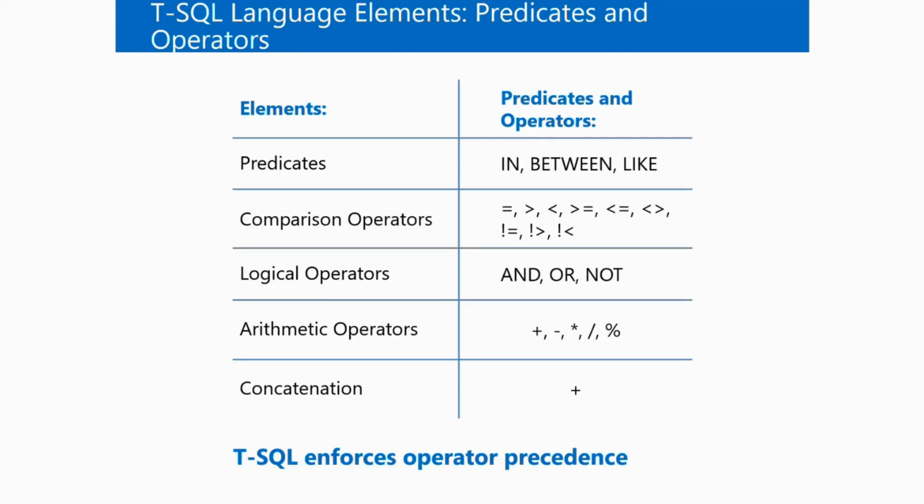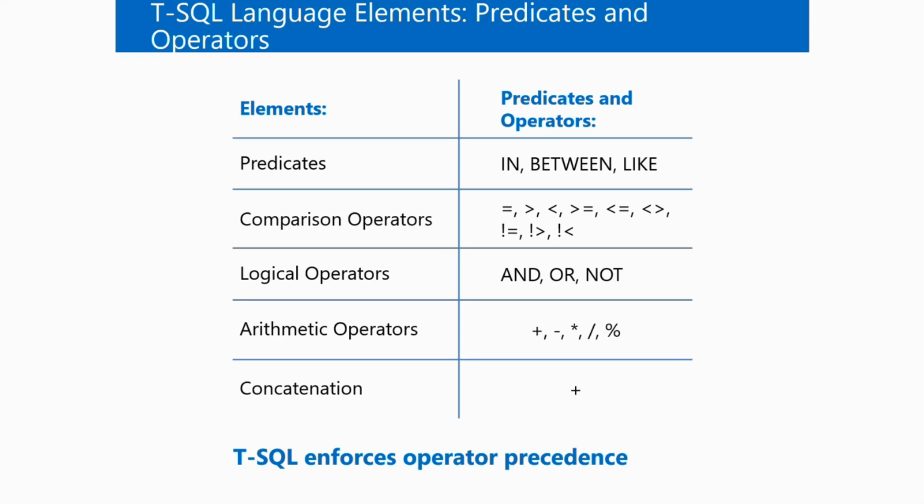Now when we have to query our data, we have to specify the statements considering what we want to achieve as a result. And there we need to specify the filter clauses. The predicates and operators are basically used to filter the data as per our requirement.